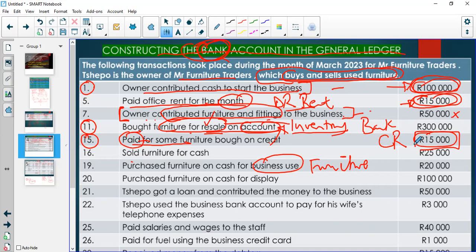So we're going to record this 15,000 on the credit side of the bank account. But remember, I'm paying for the furniture that I bought on credit. So we are paying our trade payables. The other leg of the transaction is to debit trade payables, credit bank.